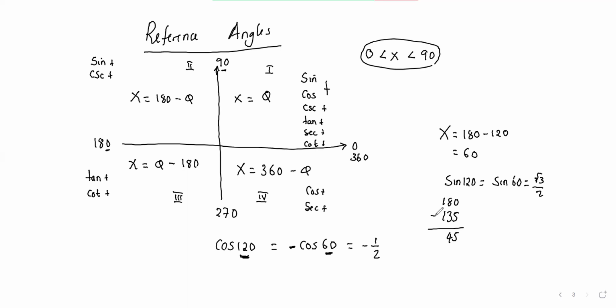Our interest here is what angle are we dealing with? We're dealing with 135. So where do we find 135? Second quadrant. So we go to the second quadrant and get its reference angle. We did the same thing for 120. Yes, that's how it goes.